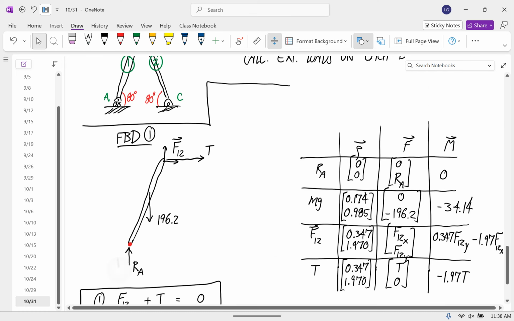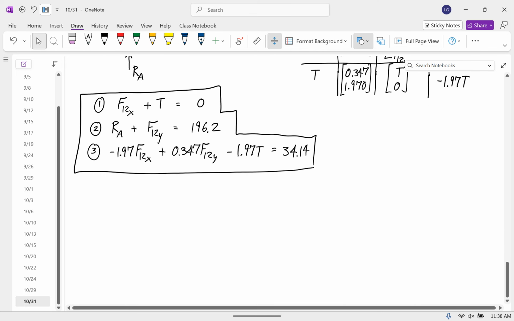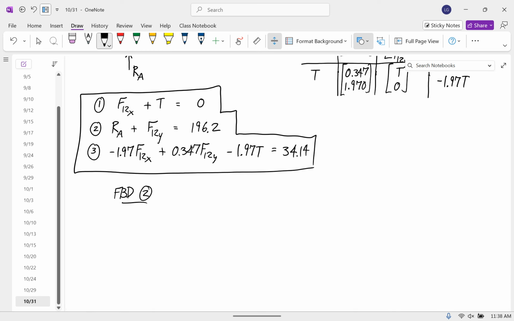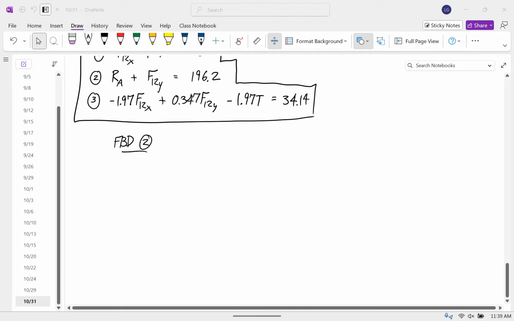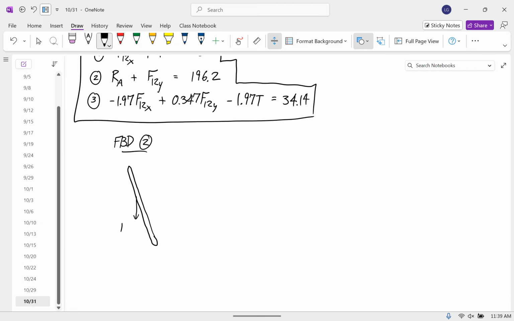Okay, and then we'll go to the second body. Take a couple minutes and see if you can do that free body diagram. This one, we have the weight at the middle, 196.2. Up at the top, the pin is part of member 1, so the cable is not attached to body 2.